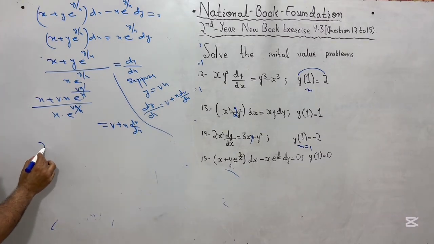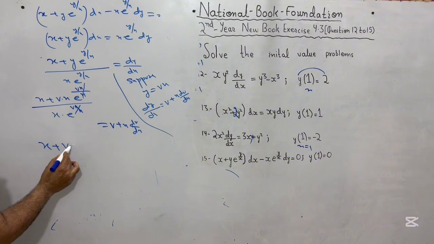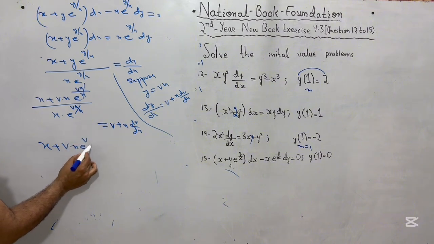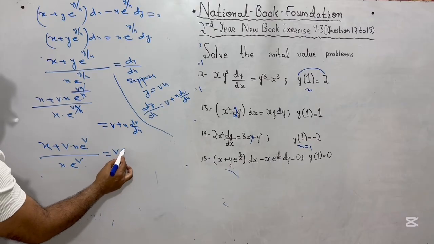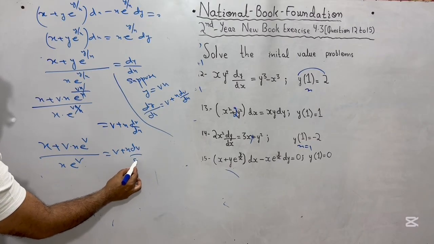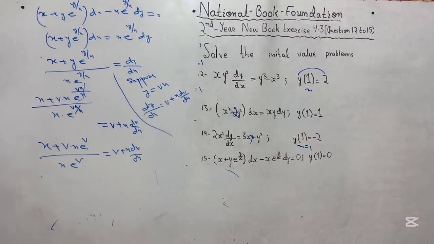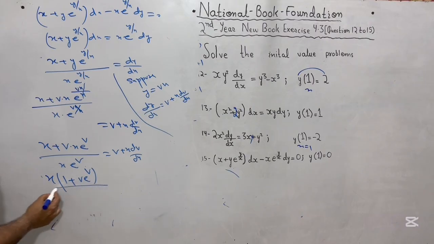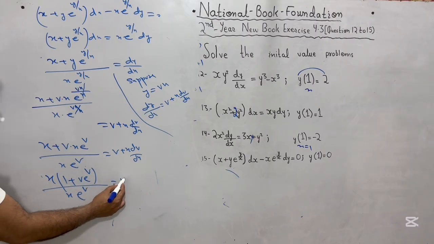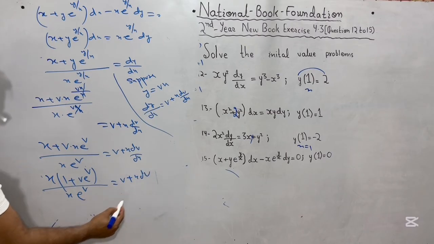We are left with x plus v times x, e raised v over x times e raised v, is equal to v plus x dv over dx. Taking x common from the numerator and cancelling out x, we have 1 plus v times e^v divided by e^v is equal to v plus x dv over dx.